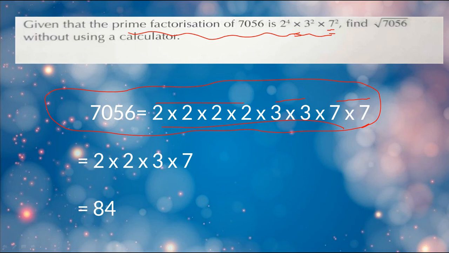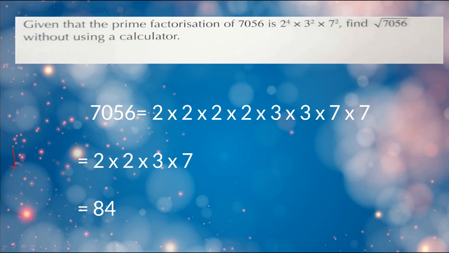So find the square root. You know this symbol is for the square root. So you are finding the square root of this number. So what are the factors here for the square root? You are taking the pairs together, making the pairs together, once you are finding the square root.